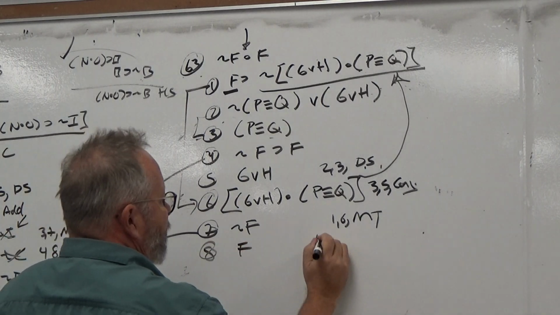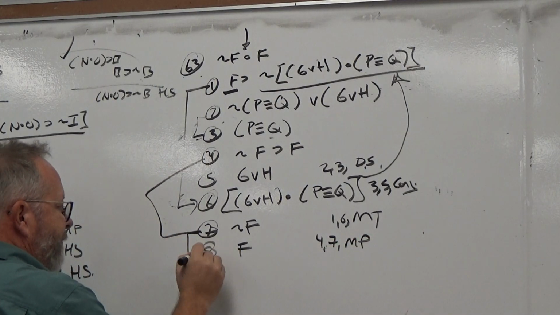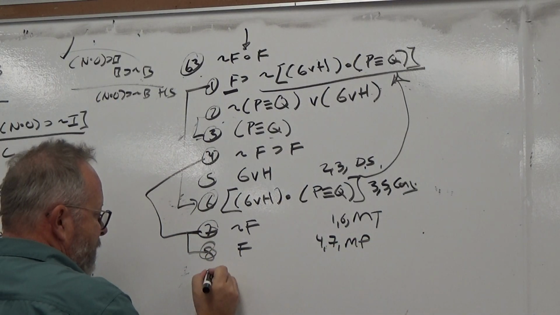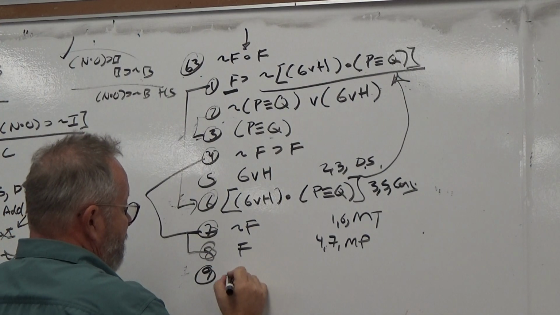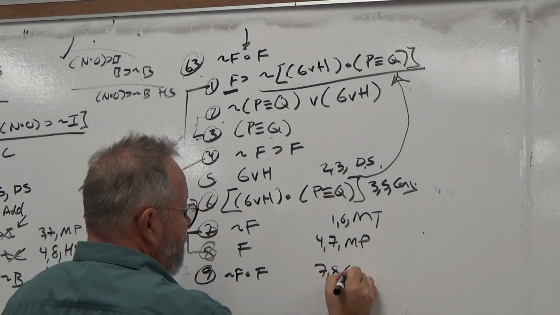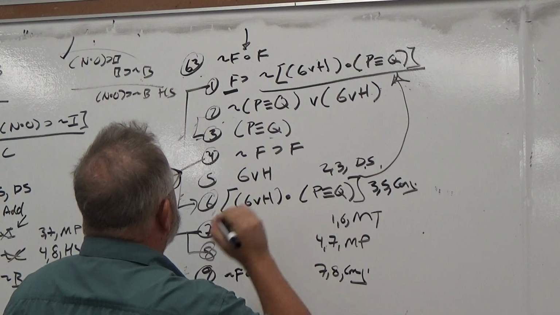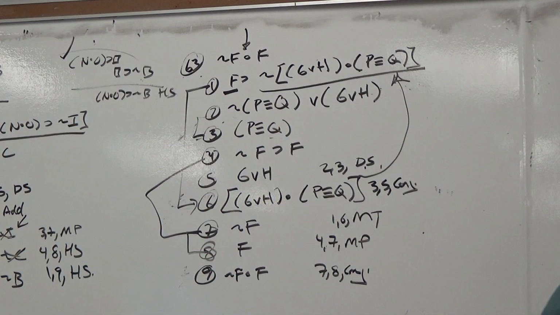F from 4 and 7 modus ponens. I have those two pieces, and now I'm just going to put them together. Not F and F, 7 and 8, conjunction, junction, what's your function? Okay, and that's 63.